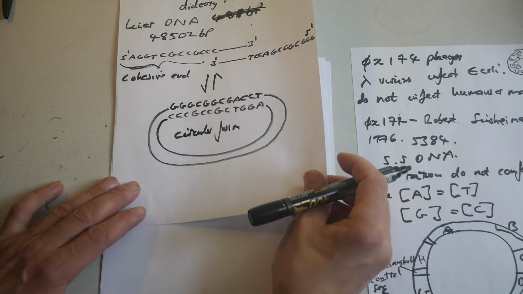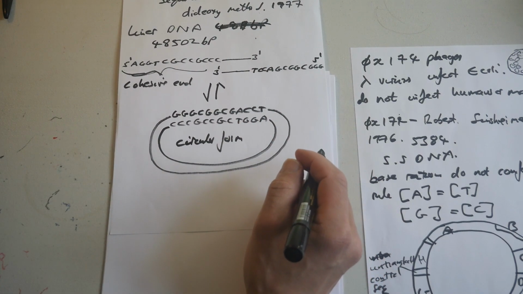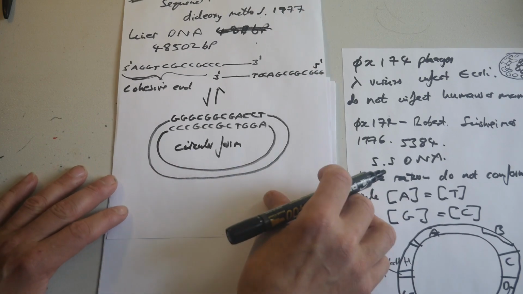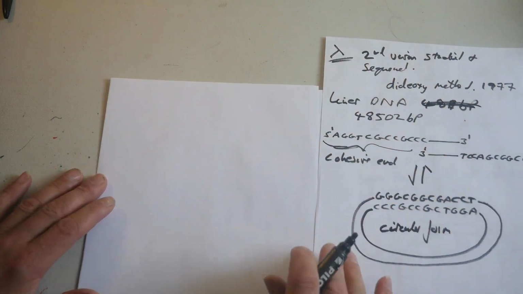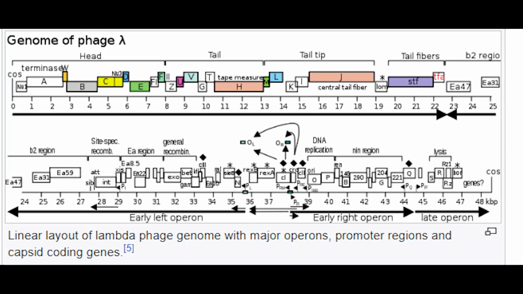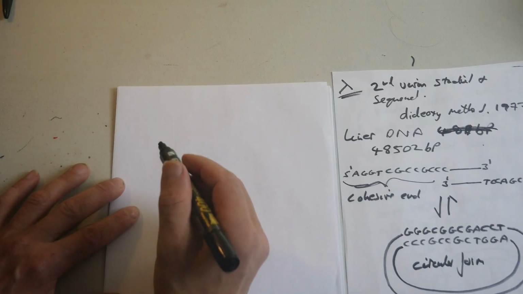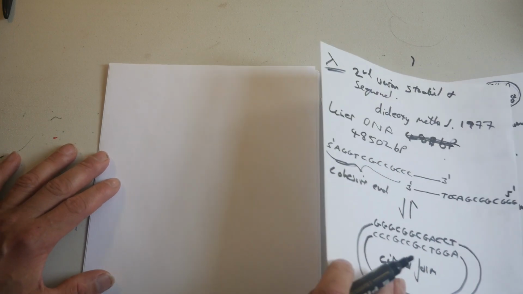And as it affects E. coli, there are quite a lot of genes in it, which you can see from the image on this website. All the genes of lambda have been worked out.